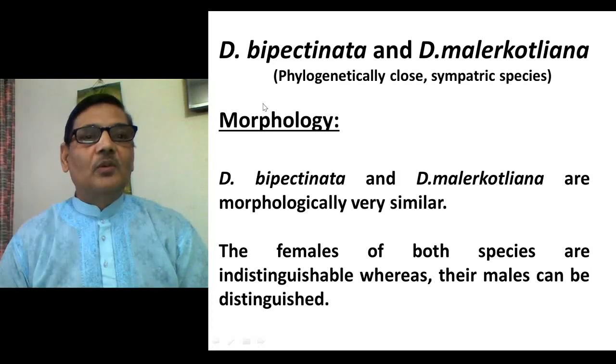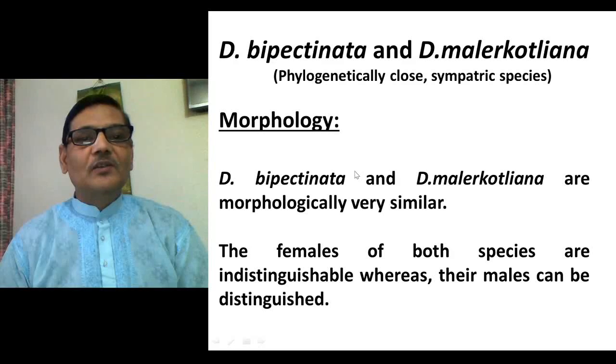Before going to the real experiment we execute in the laboratory, let us get acquainted with the morphological features of these two species. Drosophila bipectinata and malerkotliana females are very similar in their morphology.